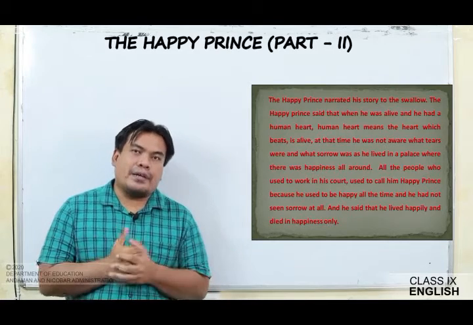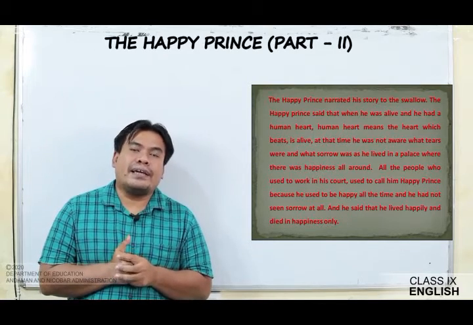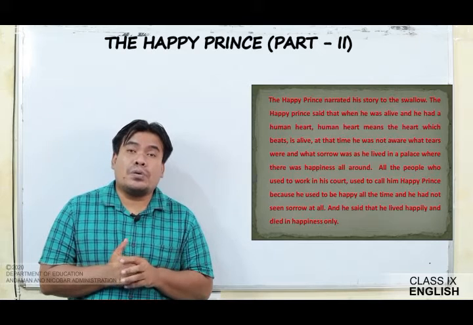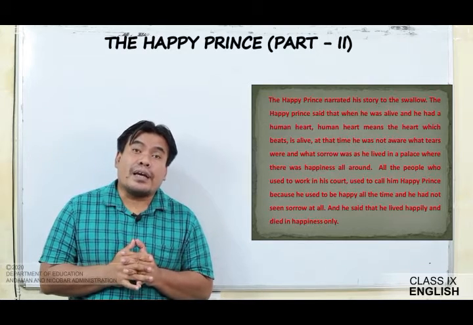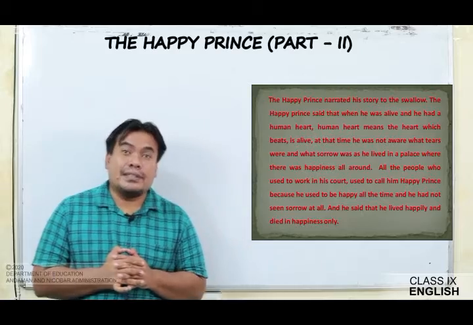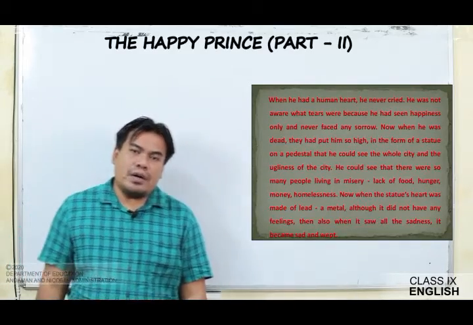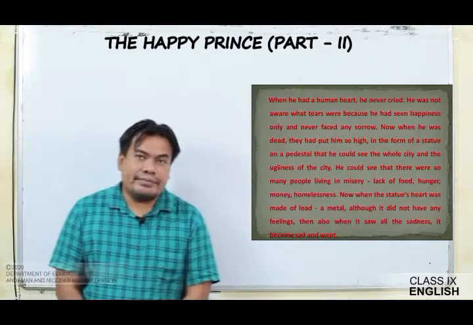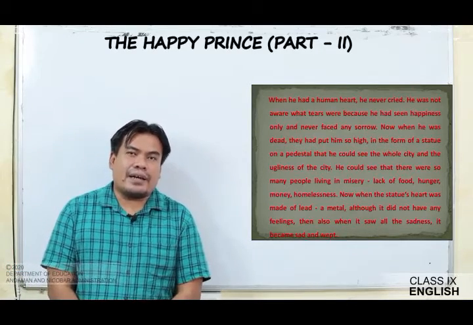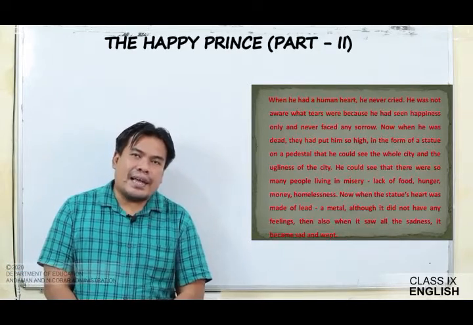He lived happily, but when he died, he could see only the ugliness of his city. When he had a human heart, he never cried. That is another fact that he had.